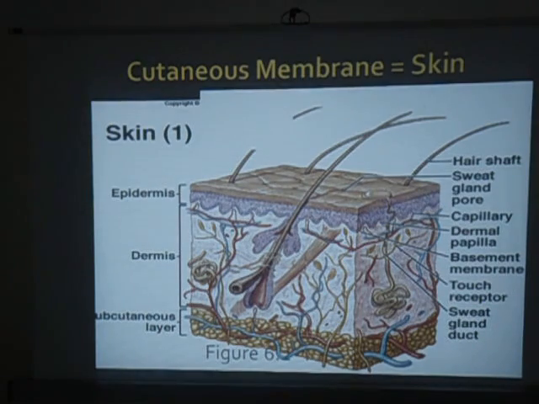Then have you heard of the disease psoriasis? So where does the problem lie? Which layer? Is it superficial? First two layers? There is more proliferation of the skin in this condition. So here will be the disease, epidermis and dermis.